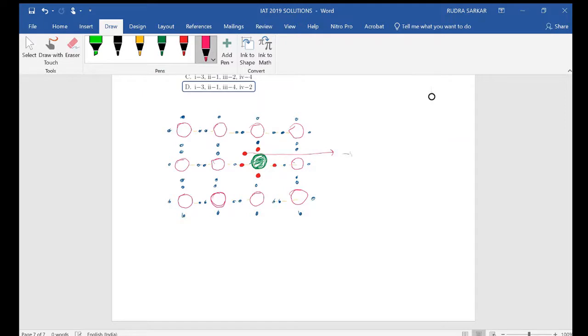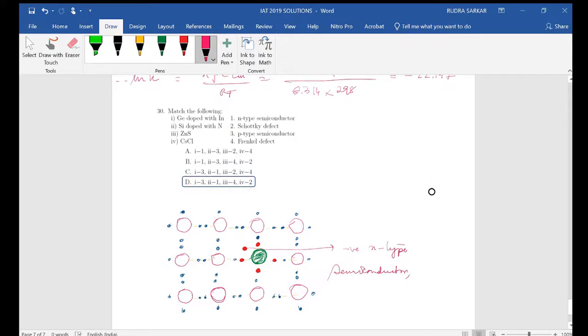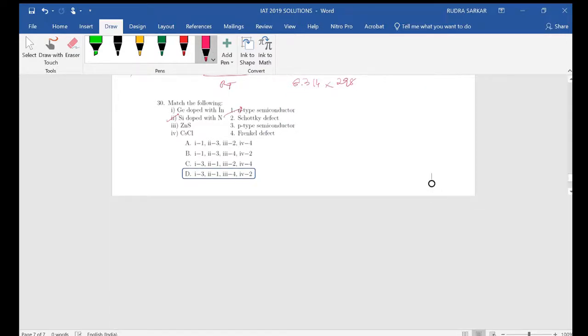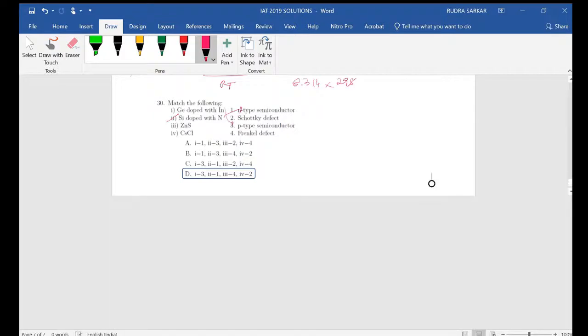So this is a negative charge, and this becomes an N type semiconductor. In the previous one, I explained P type semiconductor and now N type semiconductor. That means for this one, it will be an N type semiconductor. For germanium doped with indium, we will say it is a P type semiconductor.